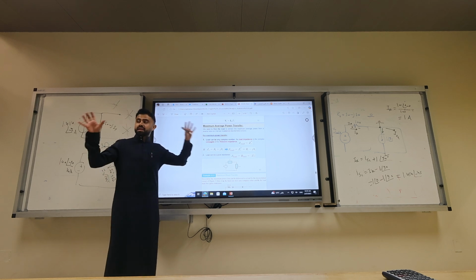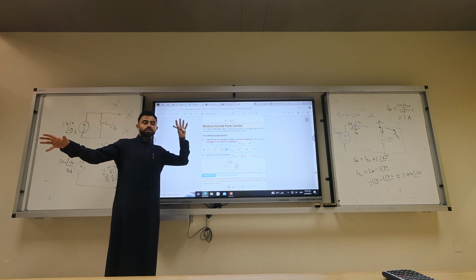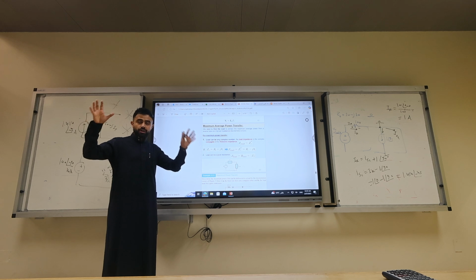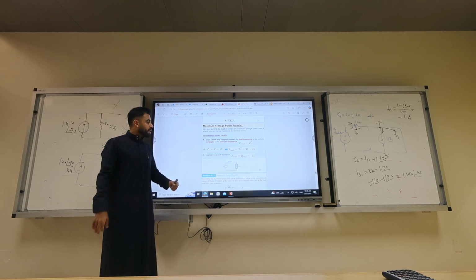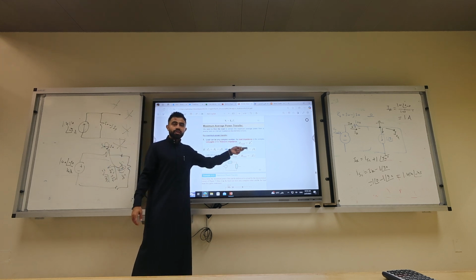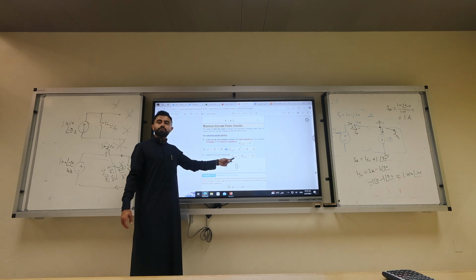Either I connect Z Thévenin conjugate, where I can bring a combination between resistor and capacitor. If I'm only allowed to extract the maximum power for a lamp or a heater, I can cheat by getting the magnitude and using it as a resistor.